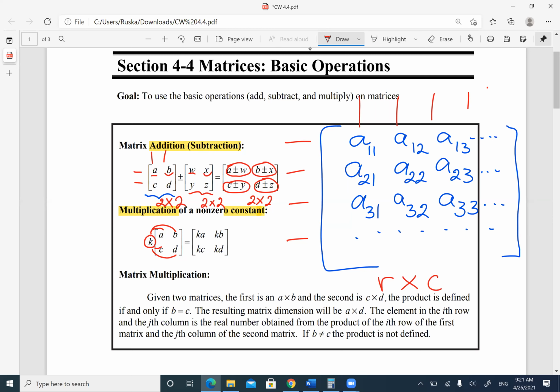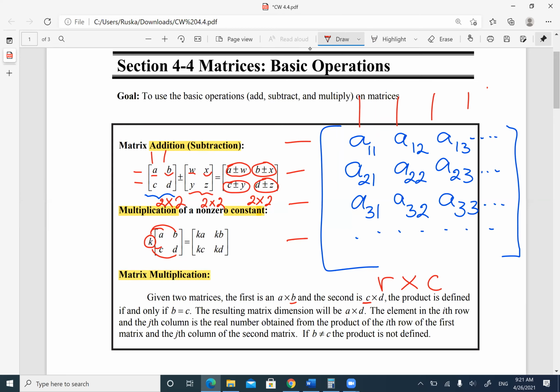And then the other operation we're going to talk about is matrix multiplication. In this operation, you have to have 2 matrices. The dimensions go like this: A by B and C by D. You can multiply them if the inside numbers, B and C, are the same.